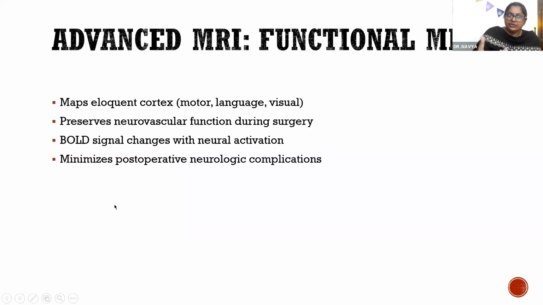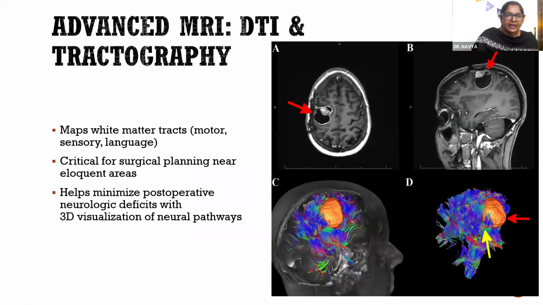So there's something called a functional MRI, which is seeing the cortex, what are the motor, language, and visual areas, how are they affected, okay? And even while surgery is happening, the surgeon will be aware of the neurovascular functioning, where he is dissecting into, so that the post-op neurological complications are minimized.